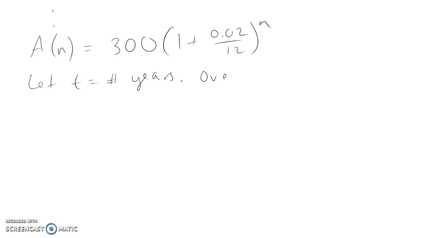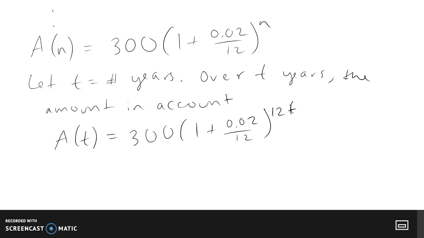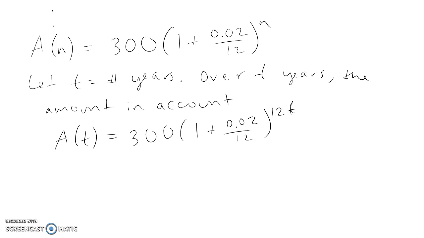So then over t years, the amount in our account is A of t equals 300 times 1 plus 0.02 over 12 to the 12t, right? Keeping in mind that 12t is counting the number of months in t years.